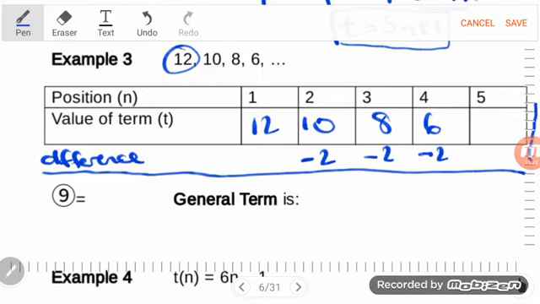Okay. Still can't see that rule yet, can we? But we can see that we're going somewhere. So that was step 2. Step 3 is we multiply the difference by our term number to see what's happening. So in this case, it's negative 2 times n. So negative 2 times 1 is negative 2.